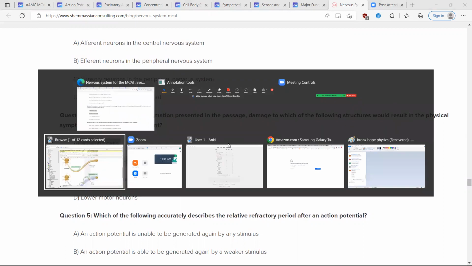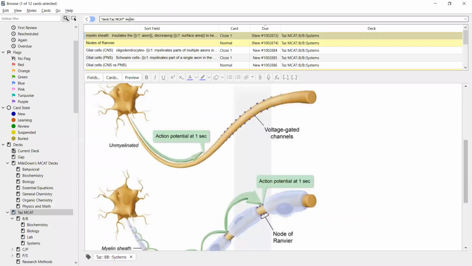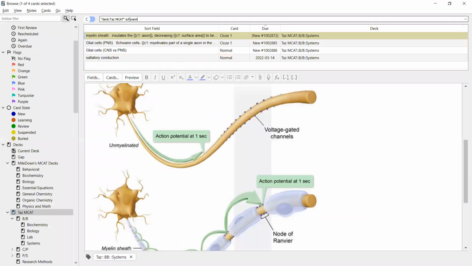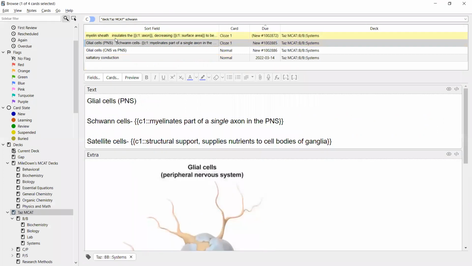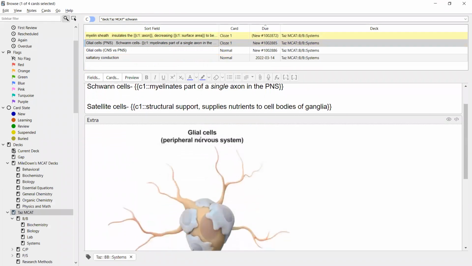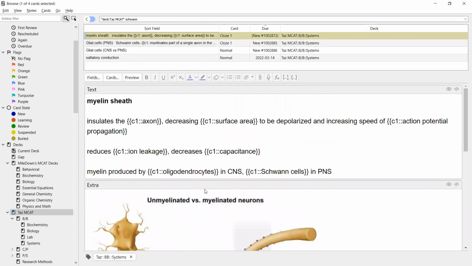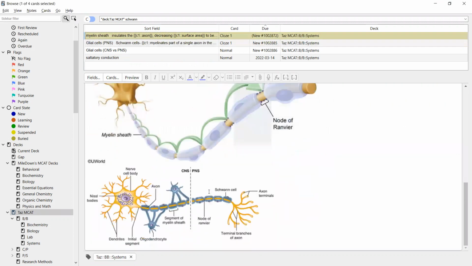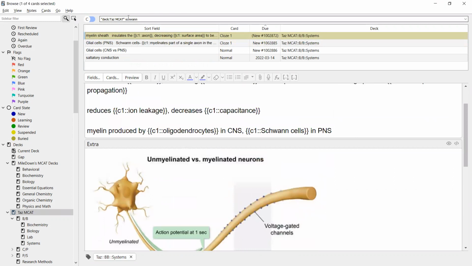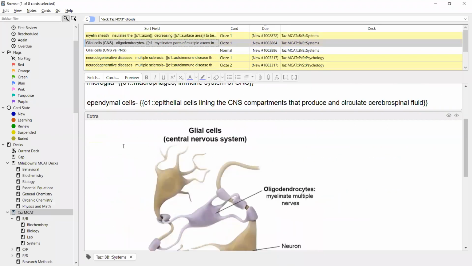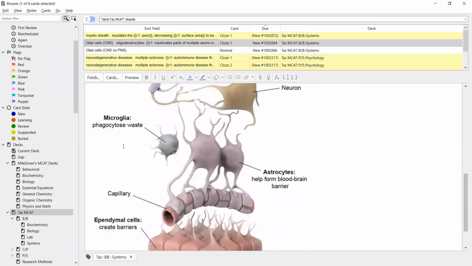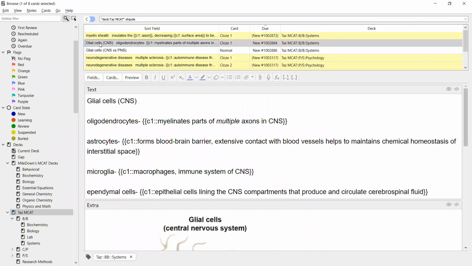The Schwann cells and the oligodendrocytes are what are called glial cells. Oh, sorry, no. The glial cells are just the Schwann cells, but these guys are too. Where's my picture? I had a good picture. This is just showing all of them.